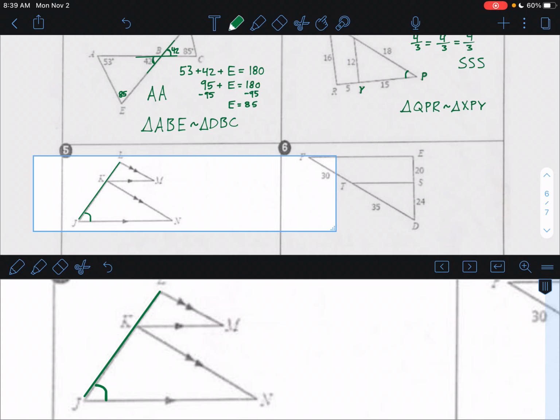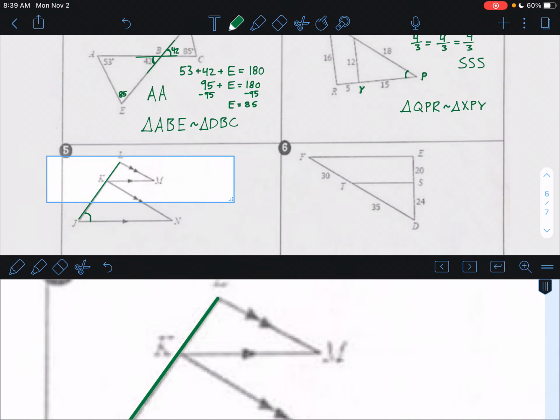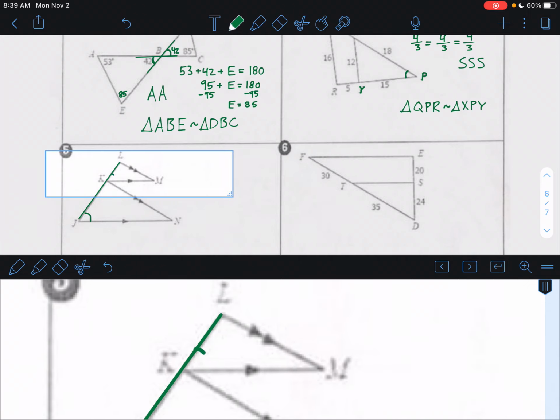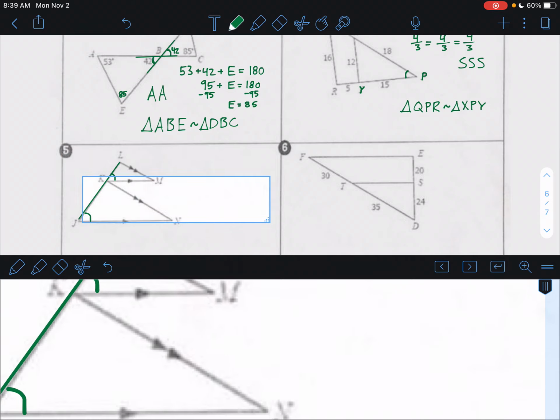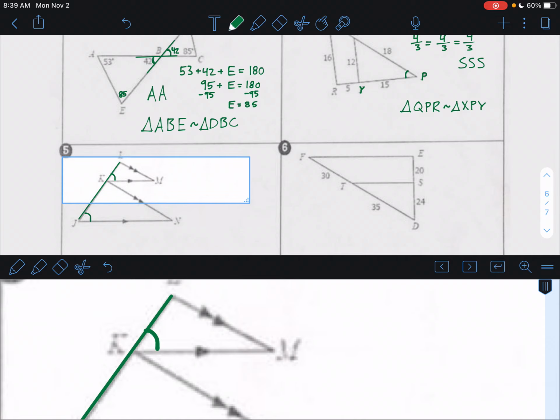So I know that this angle J would be congruent to this angle K because they are corresponding angles. Likewise, I know LM is parallel to KN, so that tells me that this angle K is congruent to this angle L.